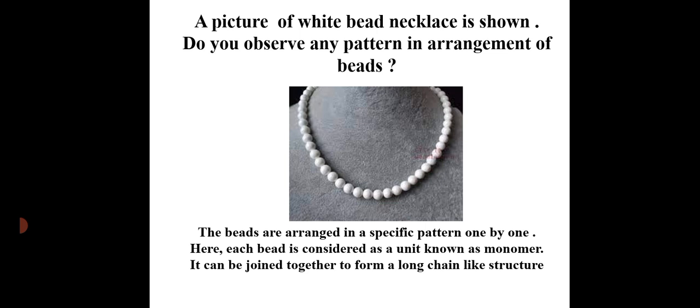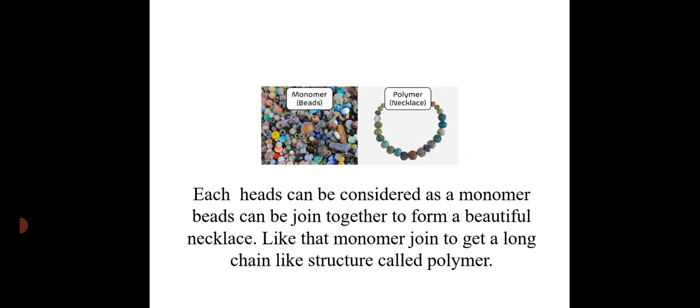To make it clearer, look at another picture. In the previous slide, we already said that the beads are a unit, that is a monomer. So each bead can be considered as a monomer.